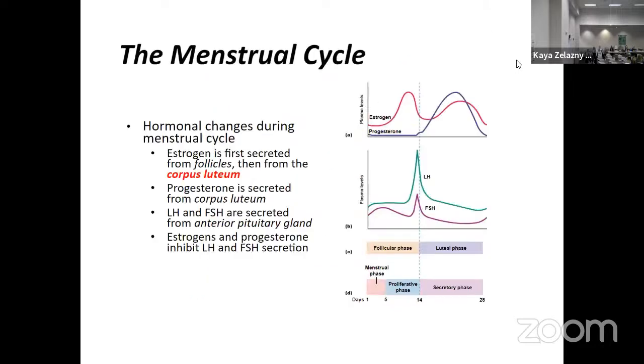Okay. So the menstrual cycle is controlled really by hormones. So hormones are coming from the structures within the reproductive tract, but they are also responding to these hormonal changes. Okay? And this is also why we see changes over the lifespan in response to changes in hormone levels. Okay.